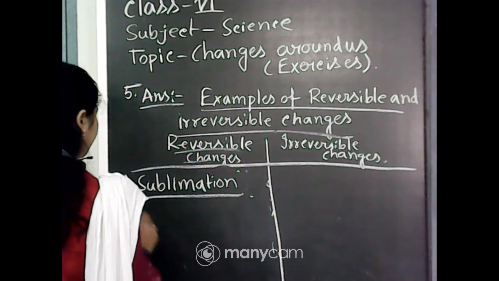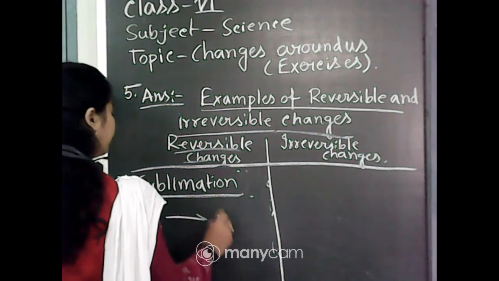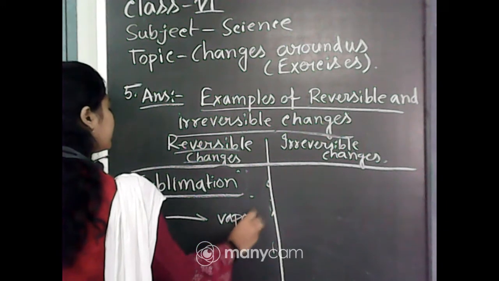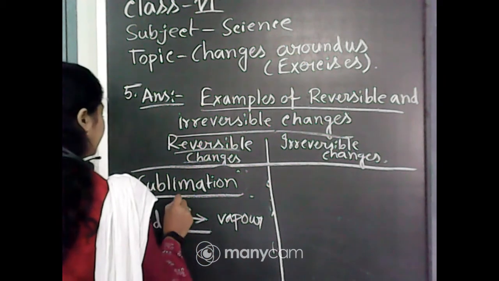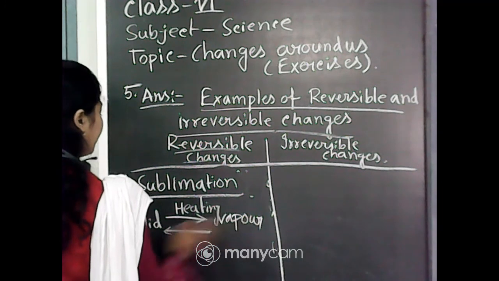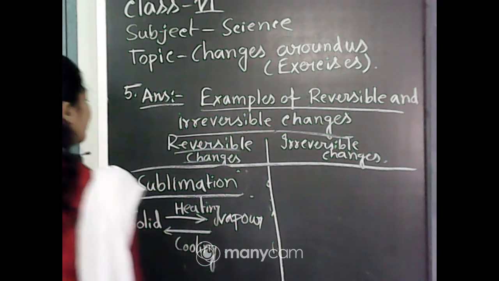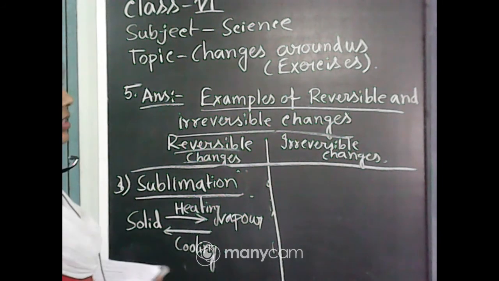So solid changes to vapor or gas. By heating, solid changes to vapor, and by cooling this vapor changes to solid by sublimation. So this is also an example of reversible changes.